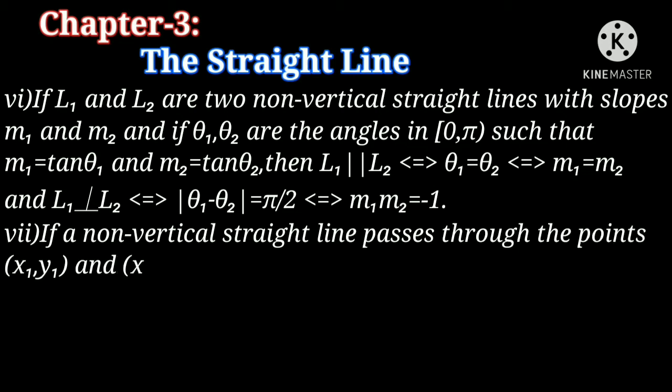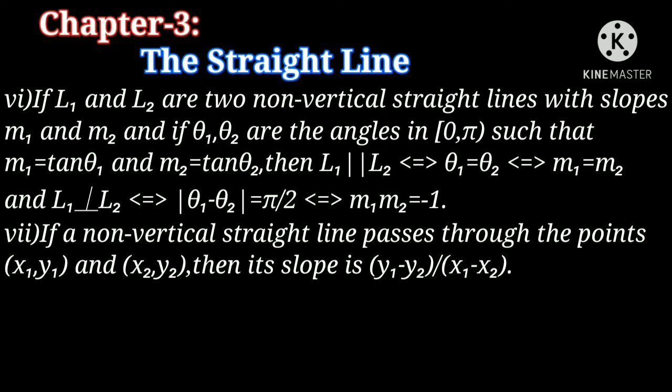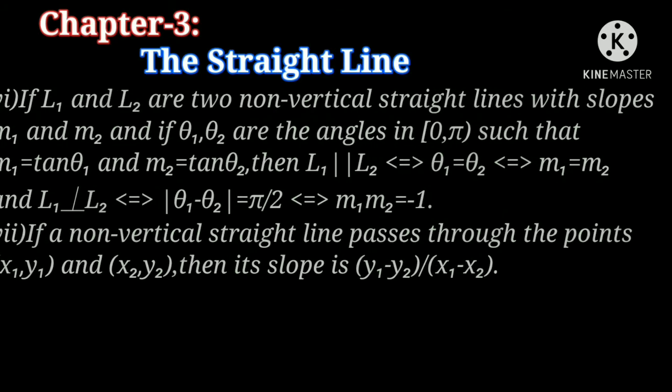If L1 and L2 are parallel, then the slopes are equal, and if L1 and L2 are perpendicular, then the product of these two slopes is equal to minus 1. If a non-vertical straight line passes through the points x1, y1 and x2, y2, then its slope is y1 minus y2 by x1 minus x2.